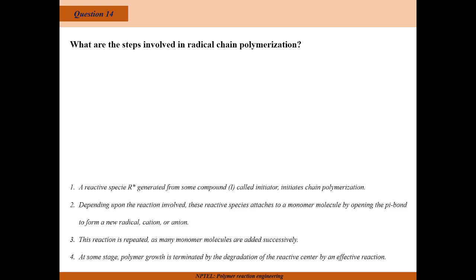Generally for radical chain polymerization, though the terminology says that one after another only the monomer is added, in a practical situation the monomers are initiated in parallel. We are not restricting it: some concentration of monomer is available, and I am trying to initiate. I know how much initiator is required for this monomer to get initiated.